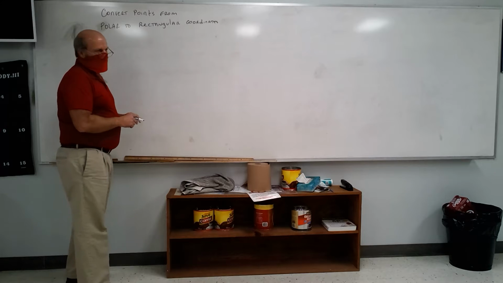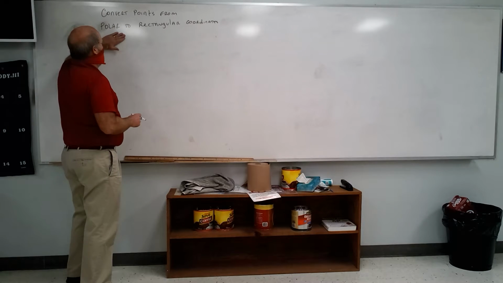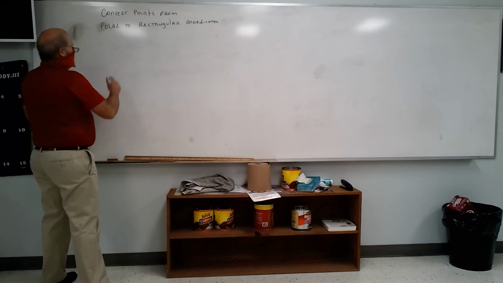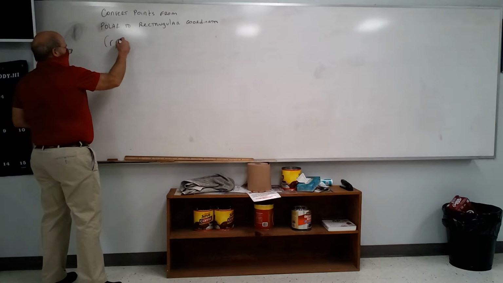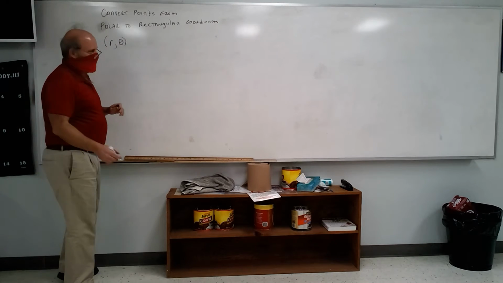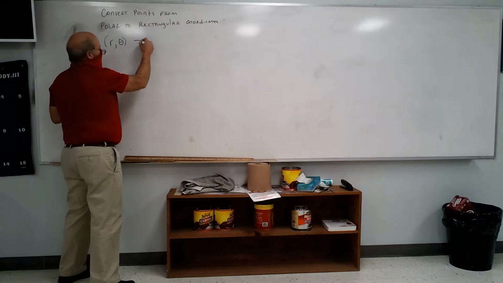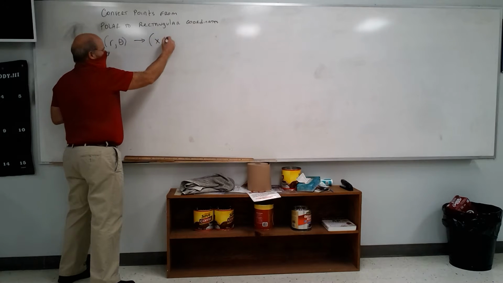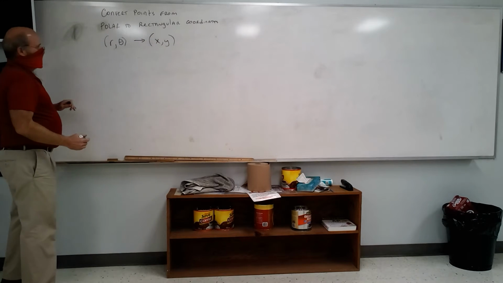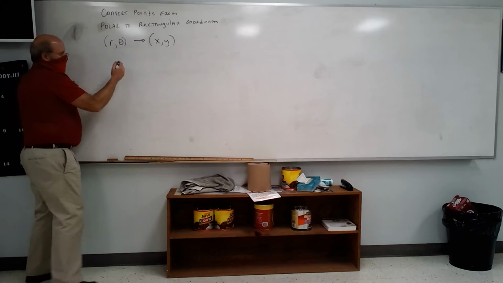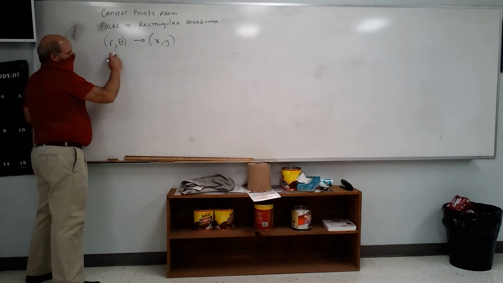All right. Here's your video for how to convert points from polar form to rectangular coordinates. From the form r theta, which y'all were here the other day when we did polar coordinates, to the point x, y. If you're given a point r theta, let's say 3, pi over 5.